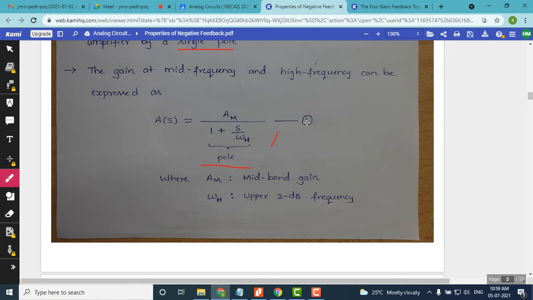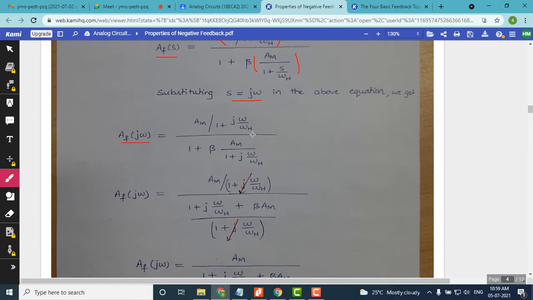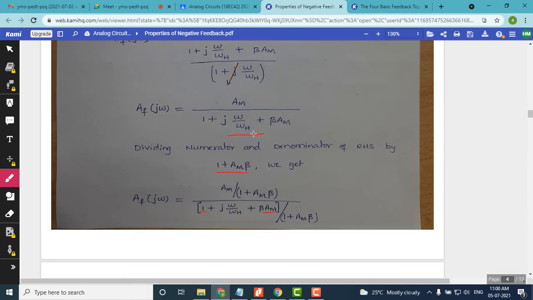Okay, which is defined by equation 1, AF(s) equals AM divided by 1 plus s by omega h, where AM is the mid band gain and omega h is nothing but the higher 3 dB cutoff frequency. And later we have shown the high frequency response through the s transform and a little bit of mathematical manipulation.